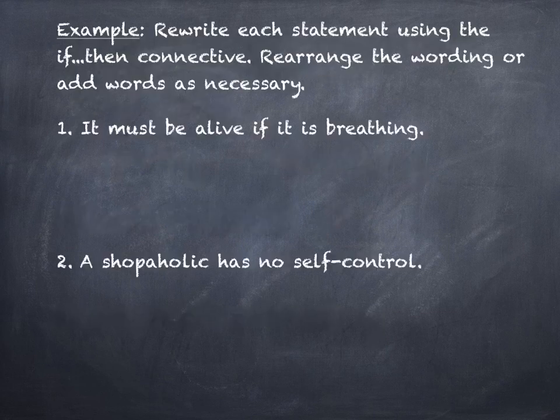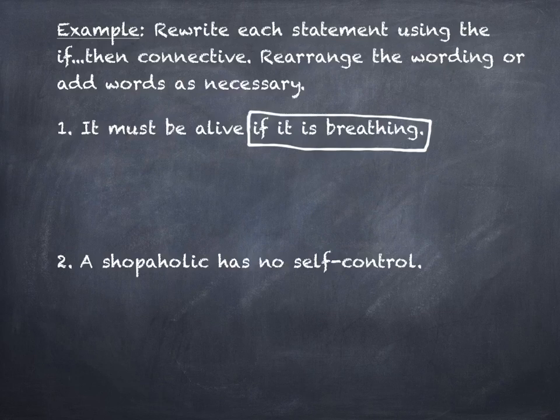All right, so what we're going to do on this set of problems is rewrite things in the order with the if at the beginning and then the then part at the end. On the first one, you notice there is an if in this statement, right? But it kind of looks like it's in the middle of the statement. Agreed? Well, the if does not become unconnected to the part after it. It is connected to that.